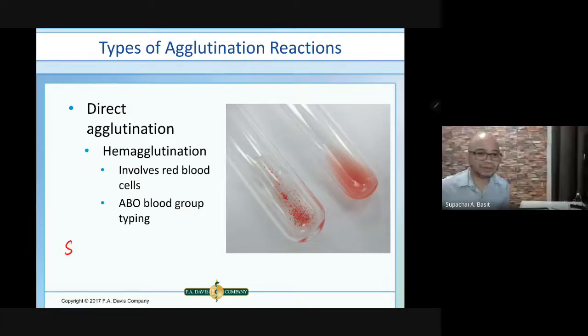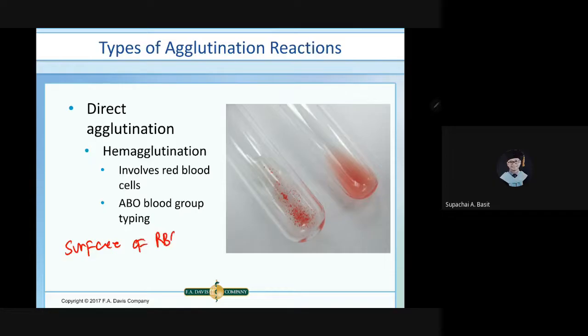Because the surface of RBC is the source of antigen, while the anti-sera, so you can either use anti-A or anti-B or anti-D for Rh typing, would be the source of antibody. Okay, so that is the direct agglutination reaction.